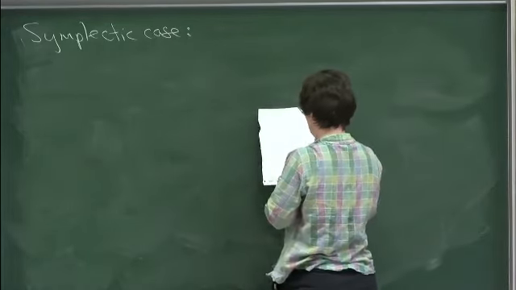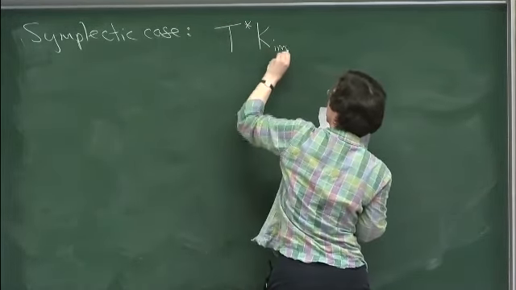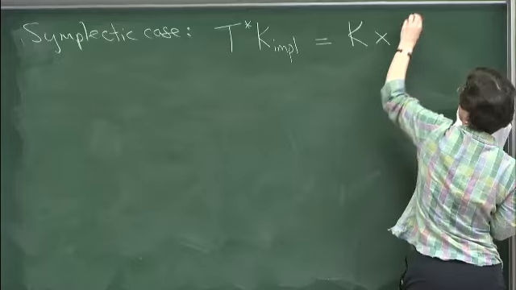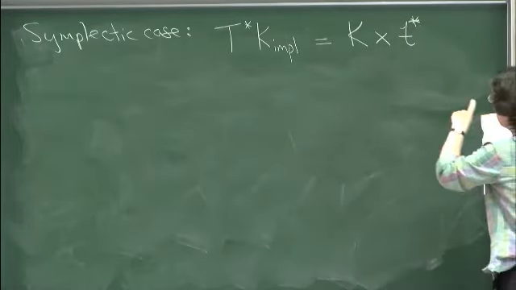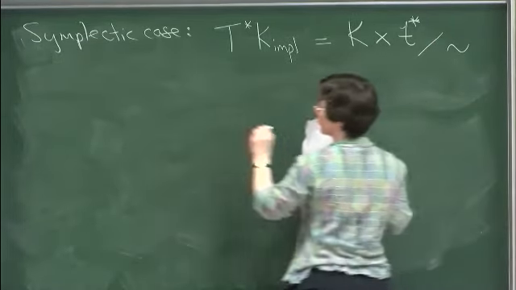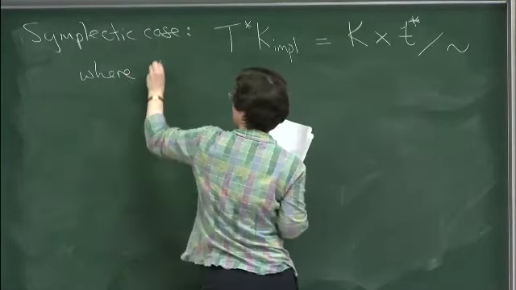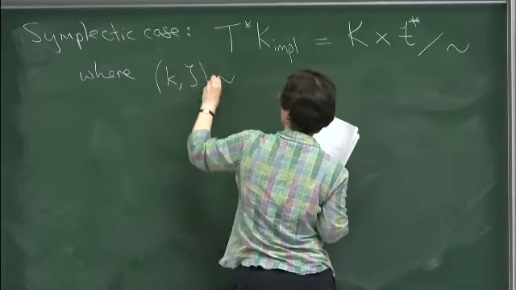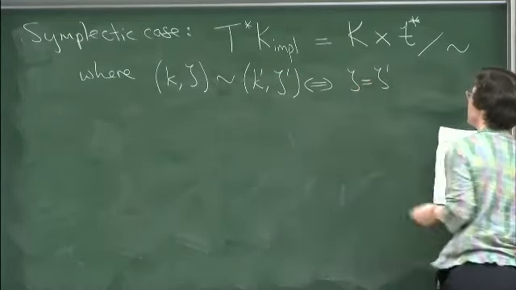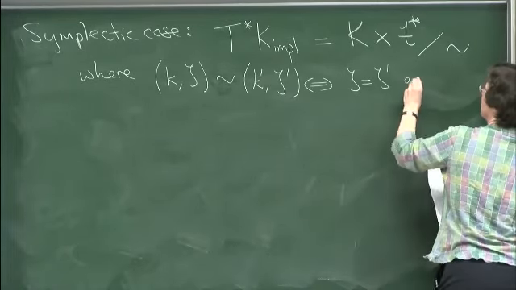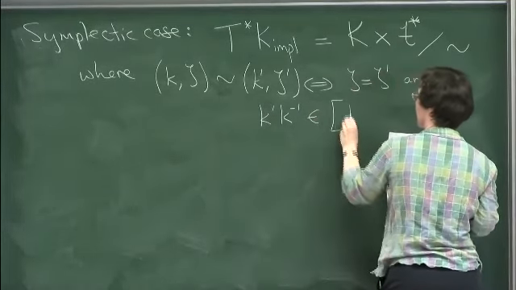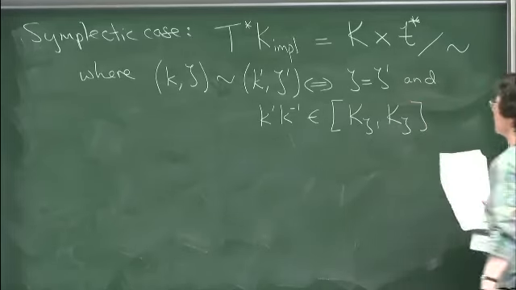Well, we had that the symplectic universal implosion is just K cross K star, but then we have to take the inverse image under the moment map, so that just gives us K cross t star, and then we're quotienting by an equivalence relation, which in this case says that (k, zeta) is equivalent to (k', zeta') if and only if zeta equals zeta', that's the image under the moment map, and then k' k inverse has got to be in the commutator subgroup of the stabilizer.